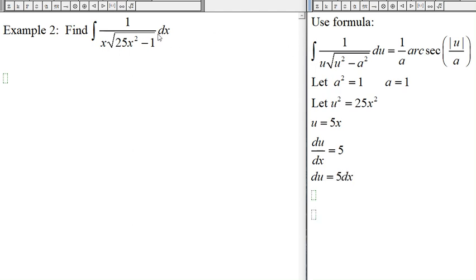Since we don't have 5 dx in here, we need to get rid of this 5. And so we can multiply the left by 1/5 and multiply the right by 1/5. And we'll end up with 1/5 du is equal to dx.